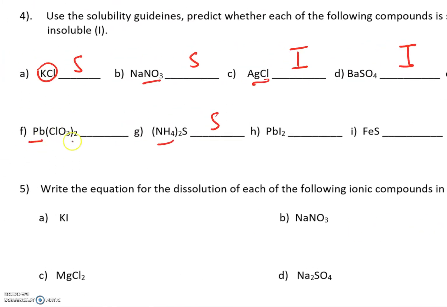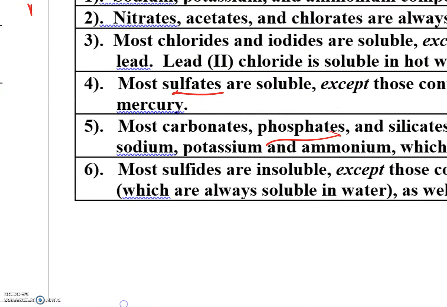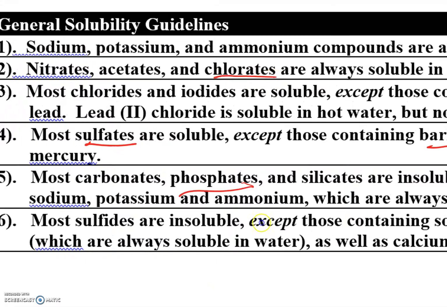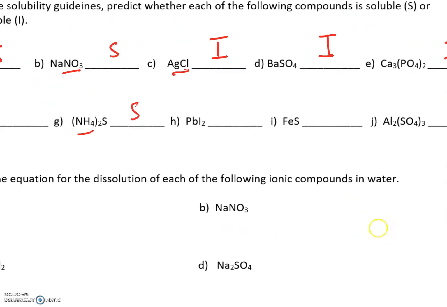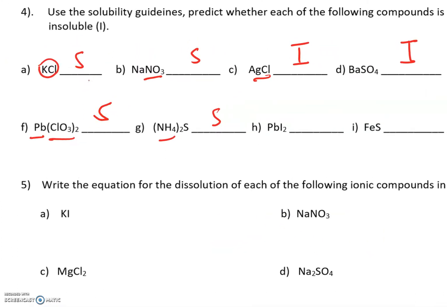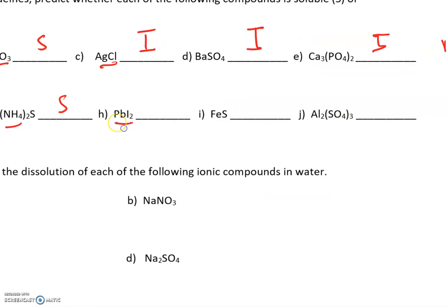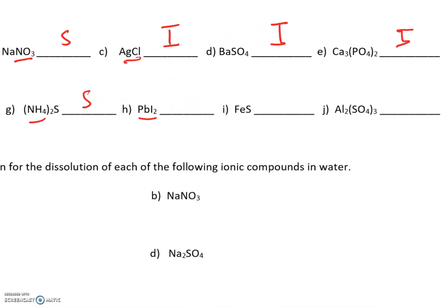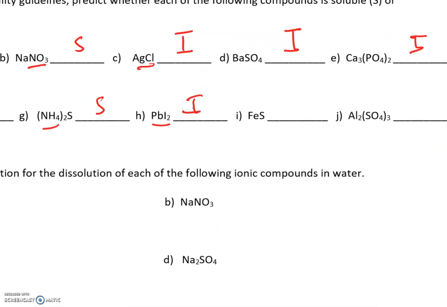This is called lead chlorate. This says that nitrates, acetates, and chlorates are always soluble in water. So this guy right here, he is soluble. This is lead iodide. This is the bright yellow stuff that we made right when we first started discussing this. You know, you're going to buy me a yellow Ferrari, that guy. It says iodides are soluble unless they contain silver, mercury, and lead. That guy, insoluble.